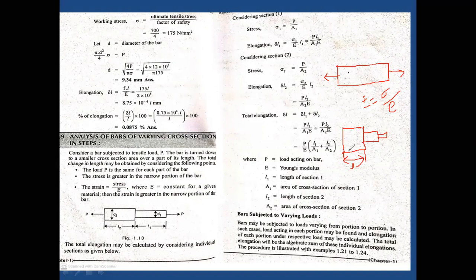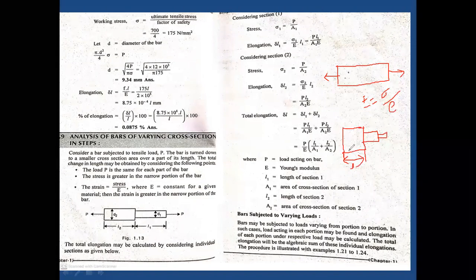What will happen whenever we apply load to beams of varying cross section? How do we measure the elongation of the bar, and how do we measure the stress induced within the bar? In the case of constant cross section beams, the stress will be in the longitudinal direction, which is nothing but the length direction.